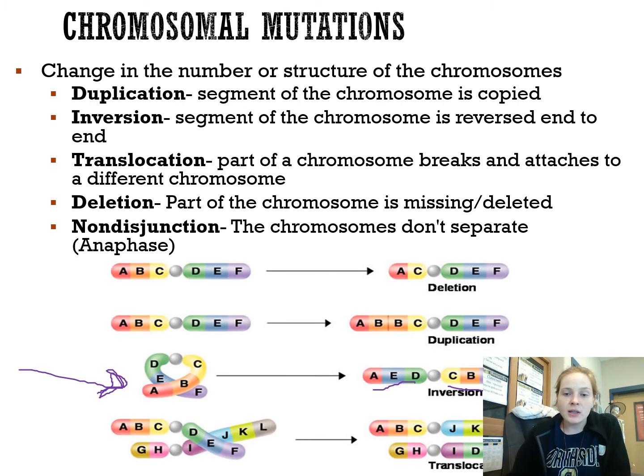Translocation is when this is not crossing over. So this is translocation. I know it looks like crossing over, but it's not, because these chromosomes should not be crossing over. They don't contain the same genes at all. So A, B, C, D, E, F does not contain the same genes as G, H, I, J, K, L. So they should not be crossing over. This could be like chromosome 1.